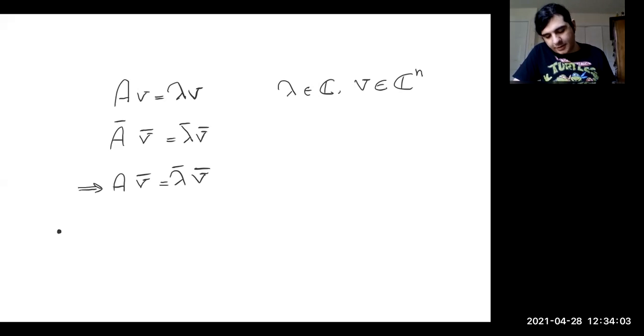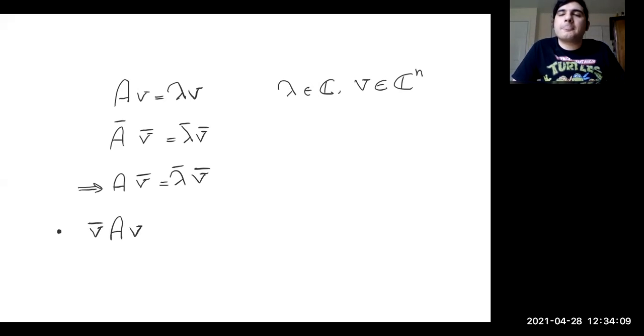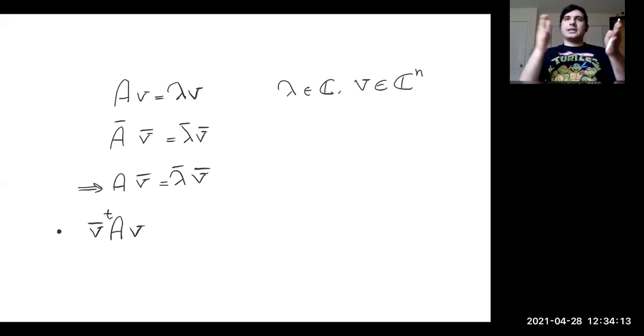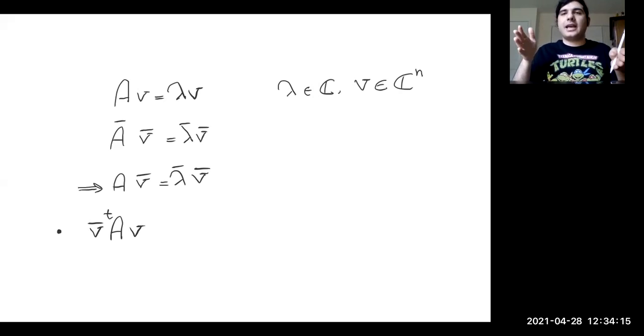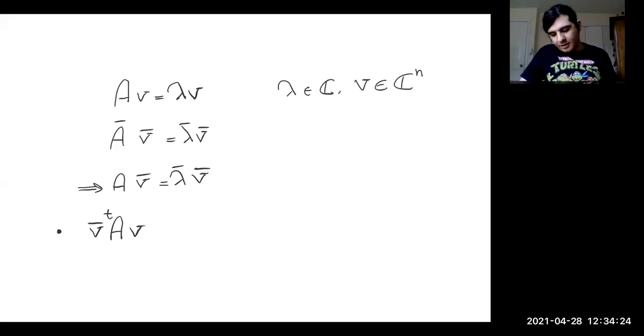If I look at, for example, v bar, A v. Well, v bar, I should take the transpose too. v bar transpose is a 1 by n matrix. A is an n by n matrix. v is an n by 1 matrix. The result would be a complex 1 by 1 matrix, which is a complex number.